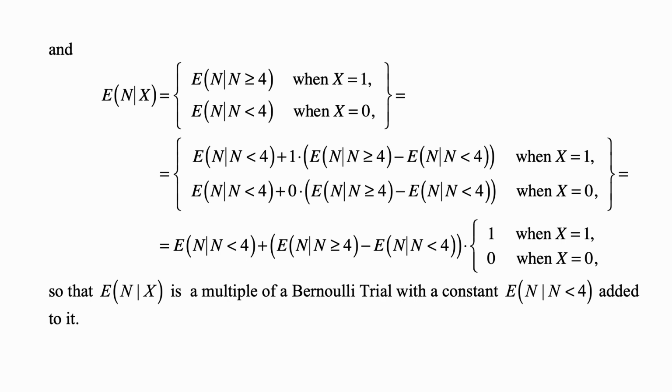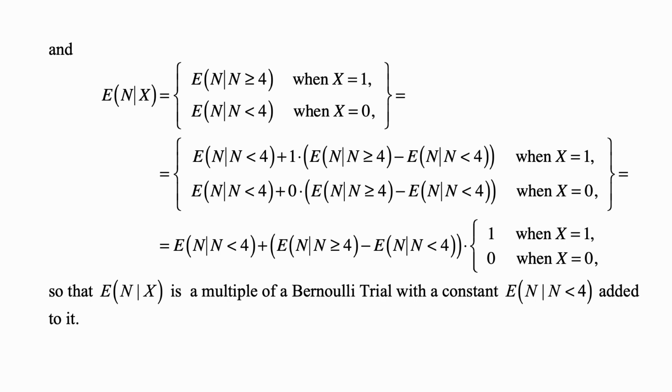And that's what this is equal to when x is 1, because then things cancel out and we get the expected value of n given that n is greater than or equal to 4 for the first case. But for the second case, when the second expression is multiplied by 0, we get the expected value of n given that n is less than 4.